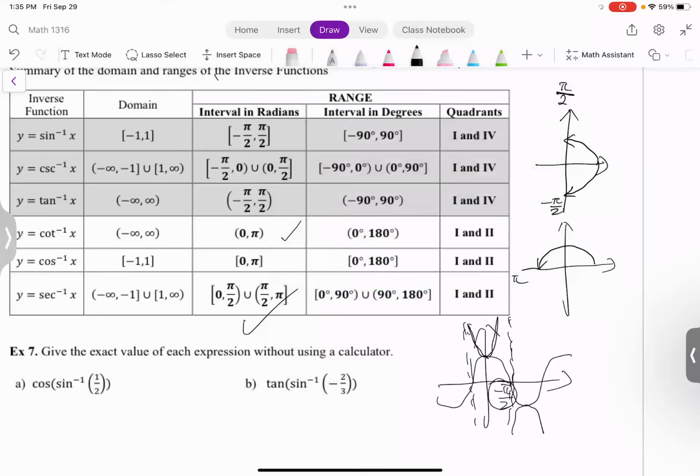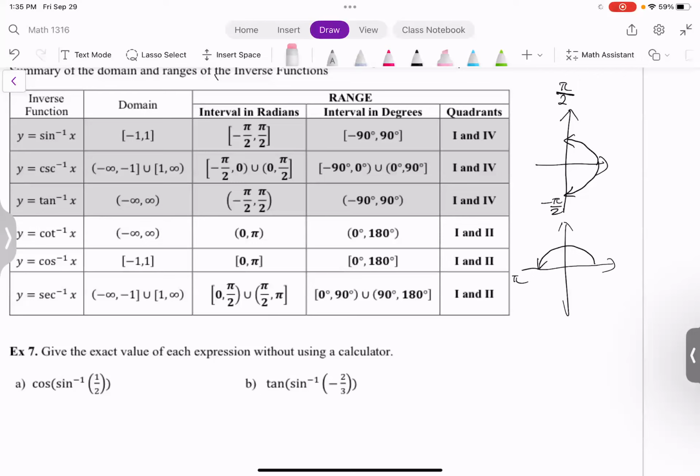So the x value for the secant never equals pi over 2, and for its inverse function, the y value never equals pi over 2. Okay, so these three inverse functions all have values, or range, between 0 and pi on the unit circle. They are in the first and second quadrant.